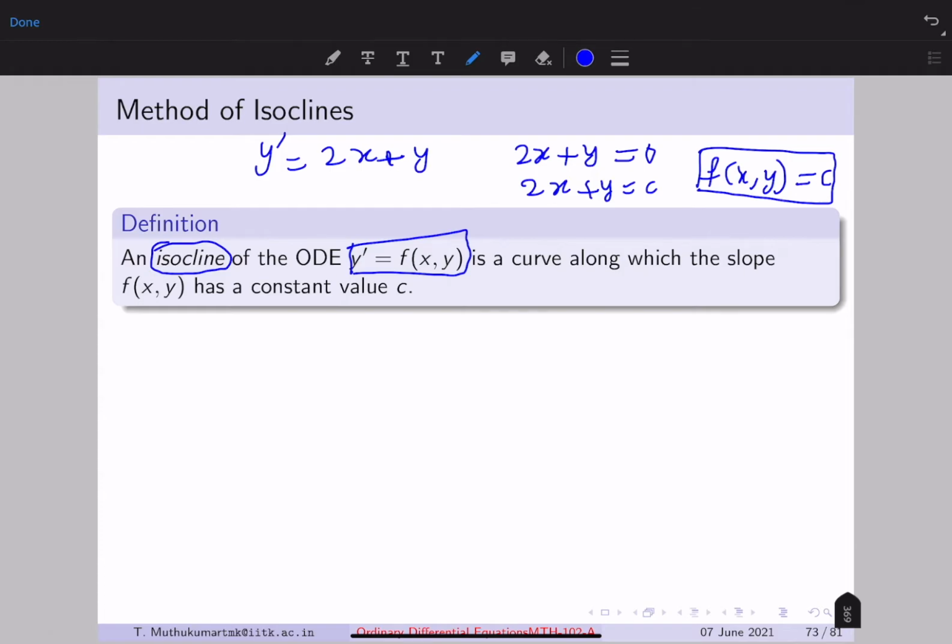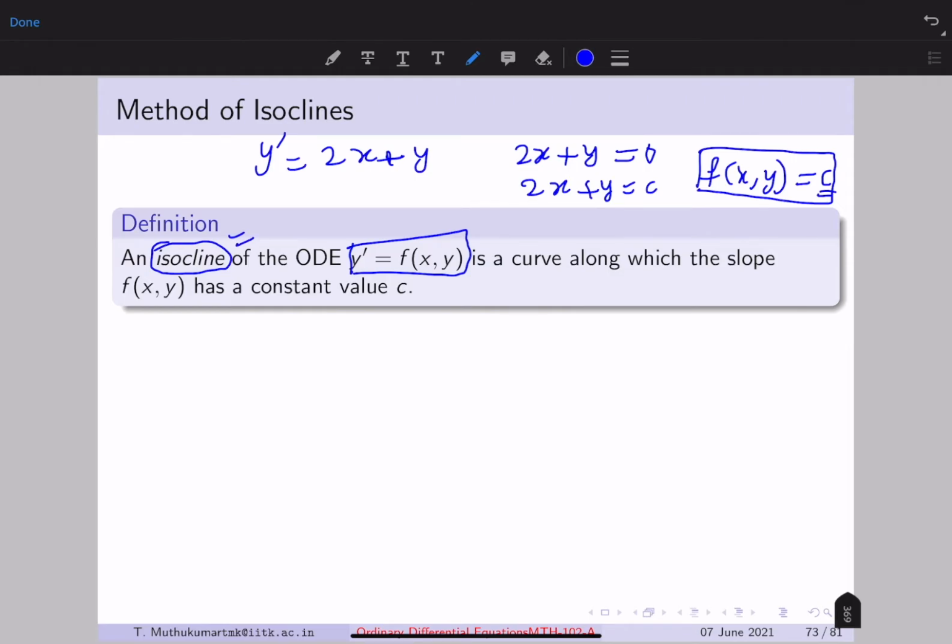Okay, on that set you know that the tangent has the same slope c, right?